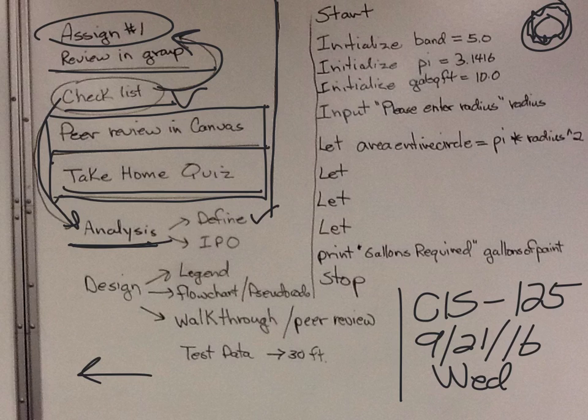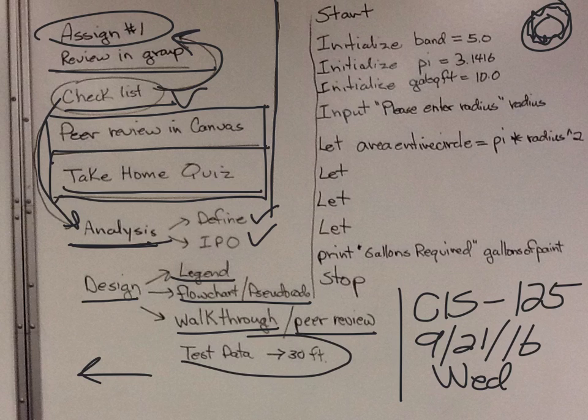You define the problem, create the IPO, then the design, you create a legend, flowchart, pseudocode, walkthrough, peer review, make sure it works. For example, in our example, we looked at the test data. We had the flowchart from the other day, so here we wrote the pseudocode.